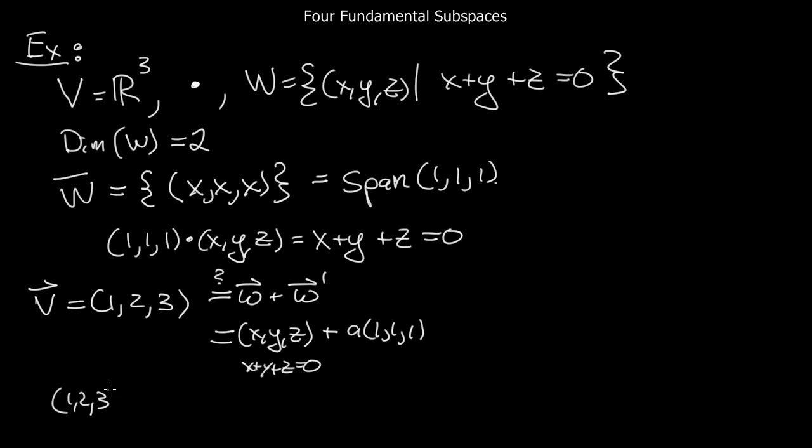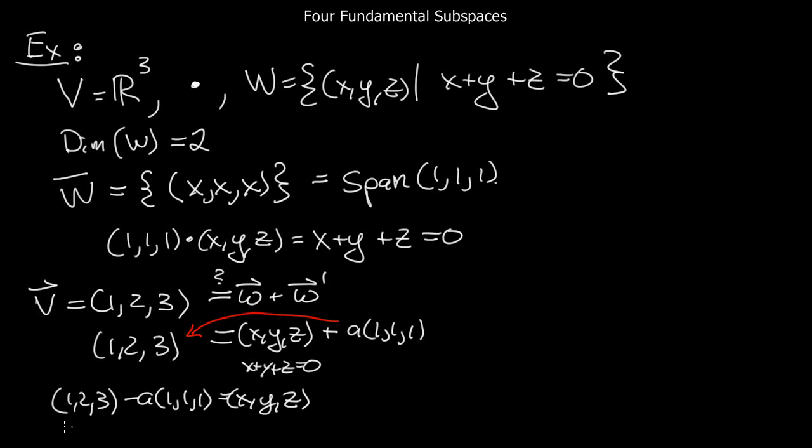The natural thing to do is to bring this vector a times 1, 1, 1 to the other side. So I get that 1, 2, 3 minus a times 1, 1, 1 is supposed to be a vector where the sum of the coordinates is 0. And that will tell me what a has to be.